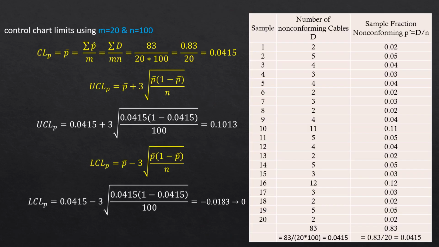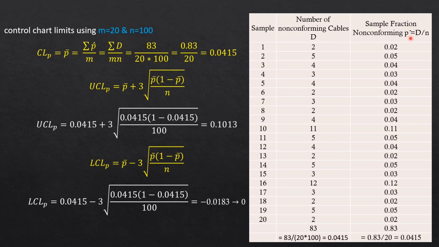Now we are going to calculate the center line, upper control limit and lower control limit. These two data are given in the question, that is, the total of 20 samples, and the number of non-conforming cables, that is D, or we can also say the number of defective cables, D. Then this is the summation D. Summation D is equal to 83, and after that we calculate P cap, that is the sample fraction non-conforming.